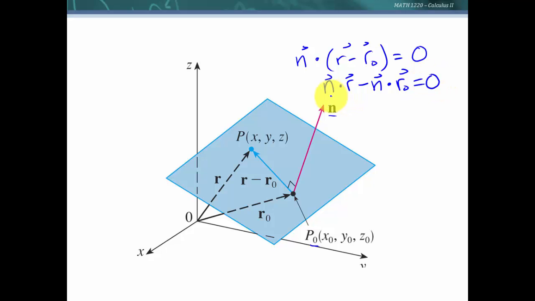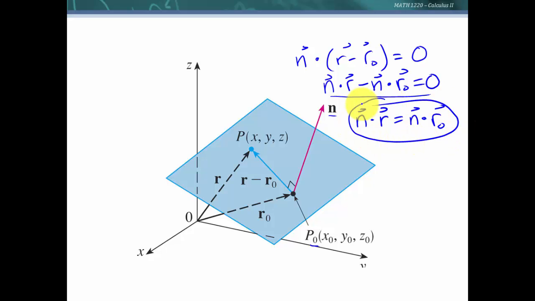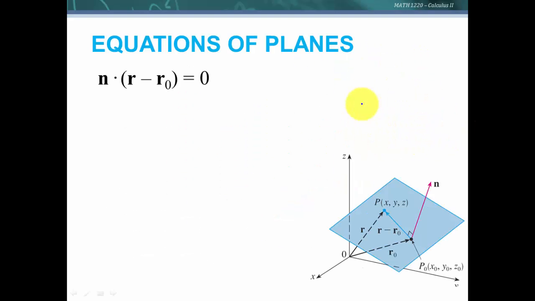And so this is a way to express the plane in terms of its normal and in terms of a vector r that goes out to some arbitrary P and the vector r naught that goes to the point x naught, y naught, z naught that we have given. Now we could move this over and we could have n dot r needs to equal n dot r naught. So we now have vector equations of the plane.